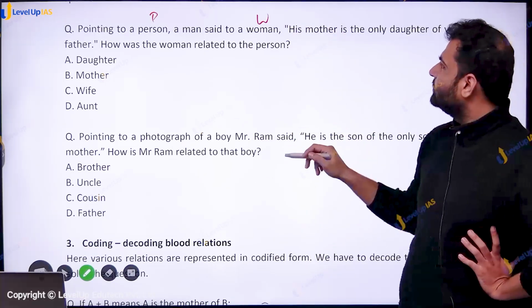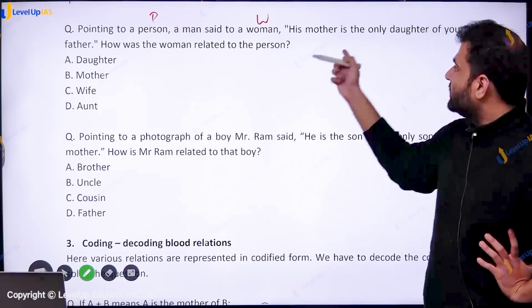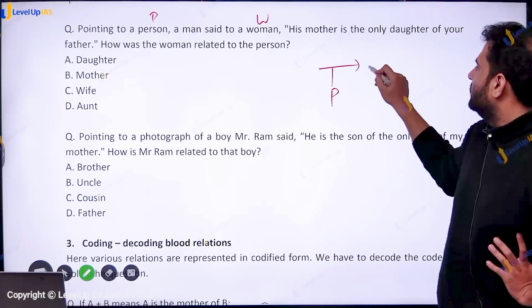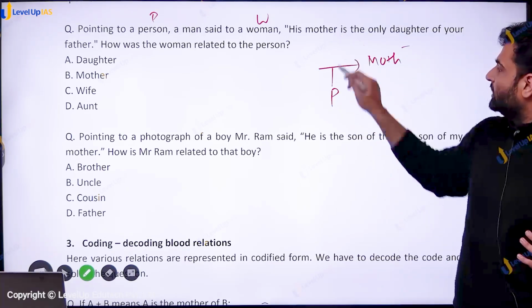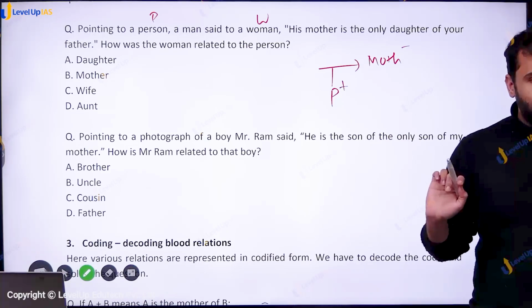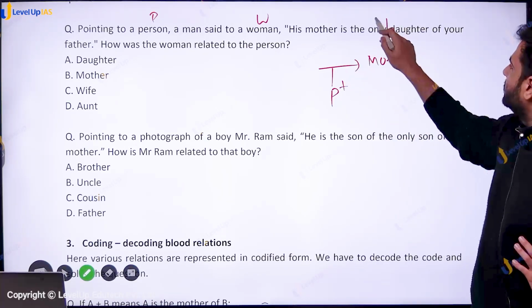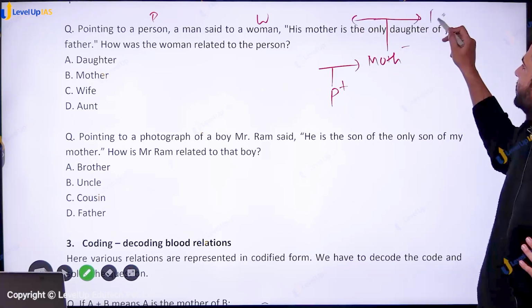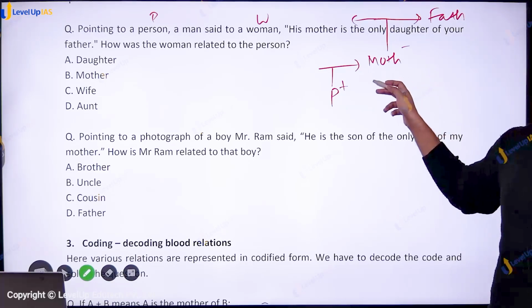Now person says to woman, pointing to a person, that person's mother, his mother. So person is a male that we know. His mother is the only daughter of your father, some father. Only daughter है वो.